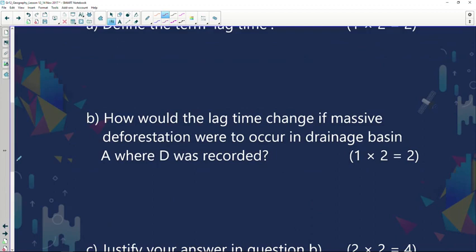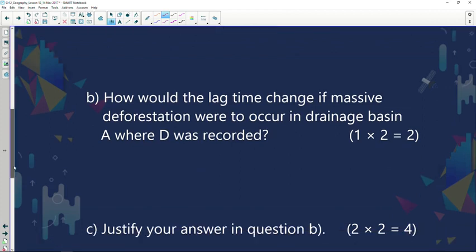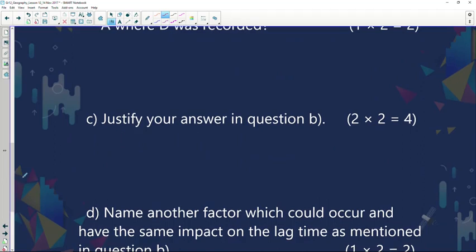So what's going to happen? Is the water going to have any chance to infiltrate? No. They won't be able to infiltrate, there won't be time. So what will happen? There's less vegetation, so there's going to be more surface runoff. Justify your answer. Because of the deforestation taking place, water won't be able to infiltrate and there's going to be more surface runoff.